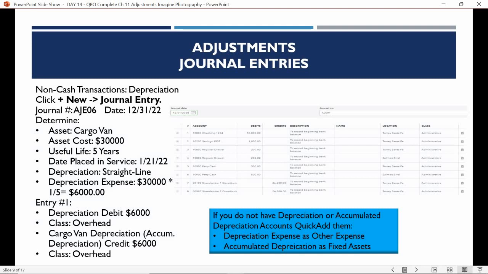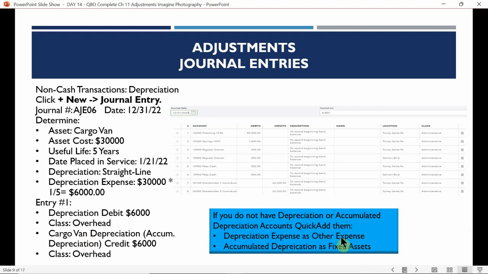Again, you do not directly take it off of the asset itself. That means in your books, the asset must remain as is. But if you do not have depreciation or accumulated depreciation accounts in your QuickBooks, you will need to quick add them.